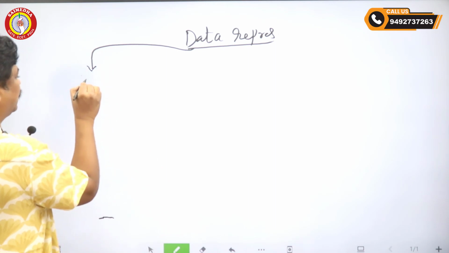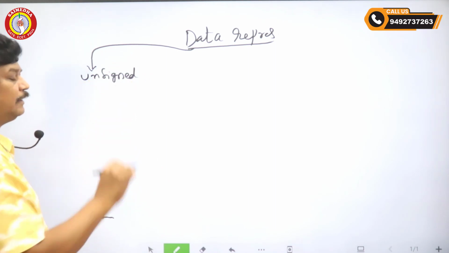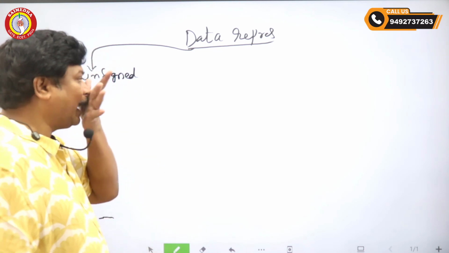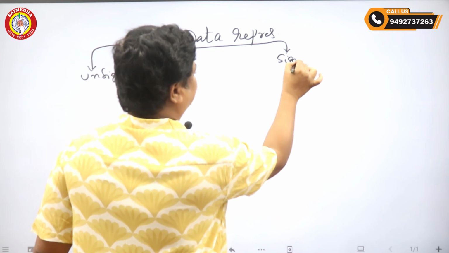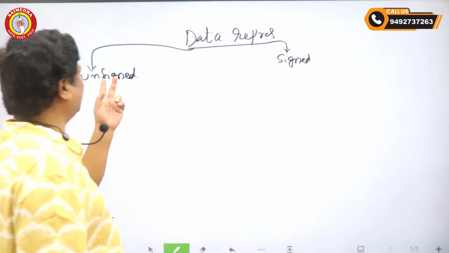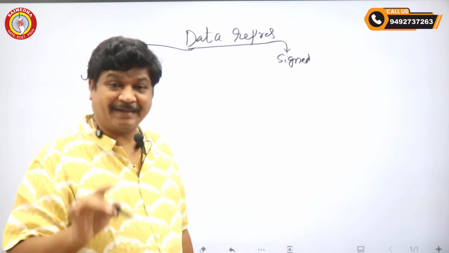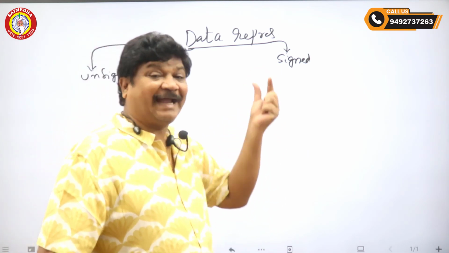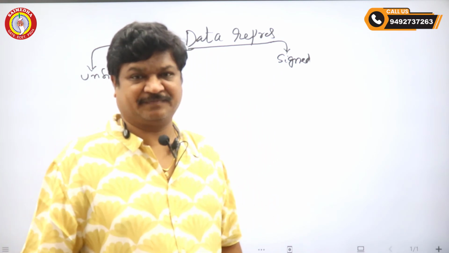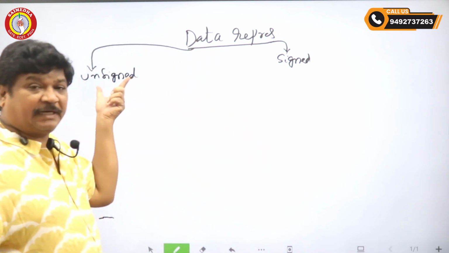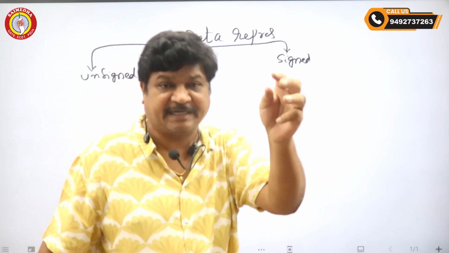One is unsigned magnitude, the other one is signed representation. Unsigned representation is only one type, but for signed representation there are 3 types.